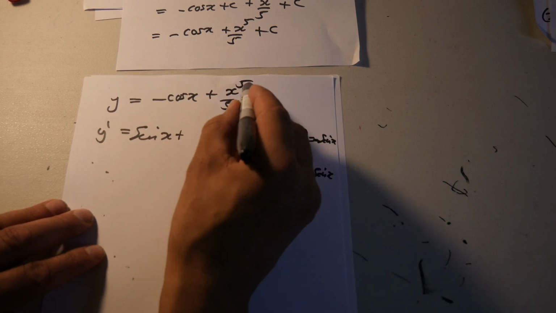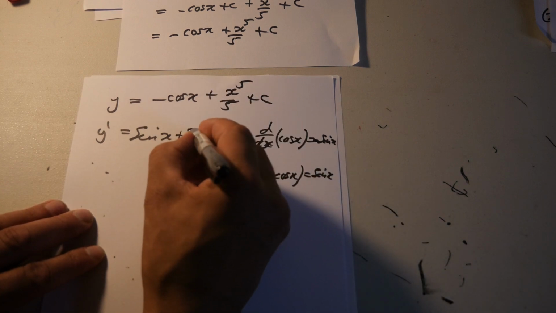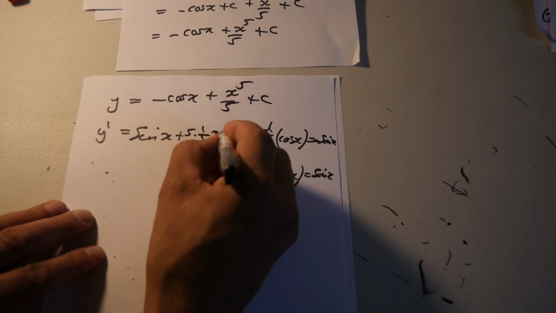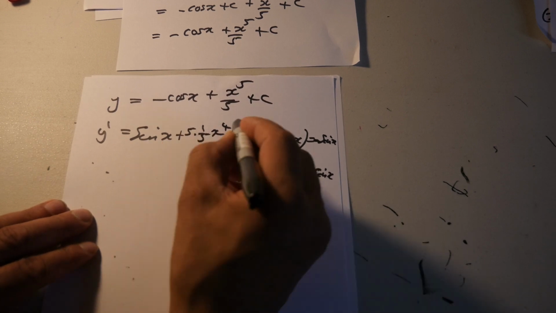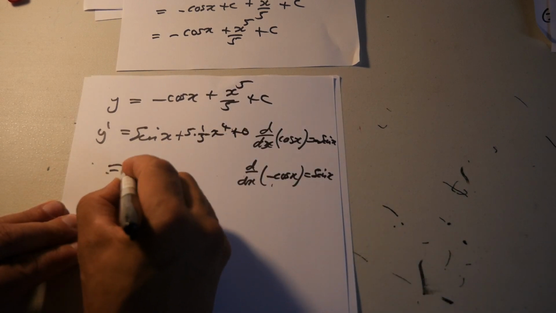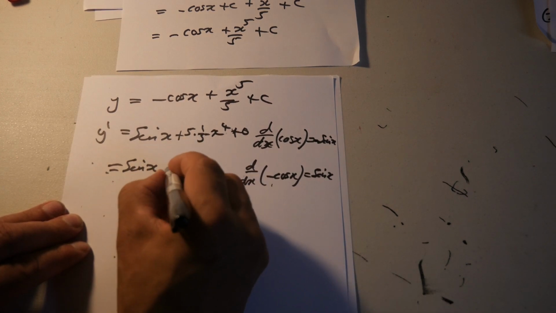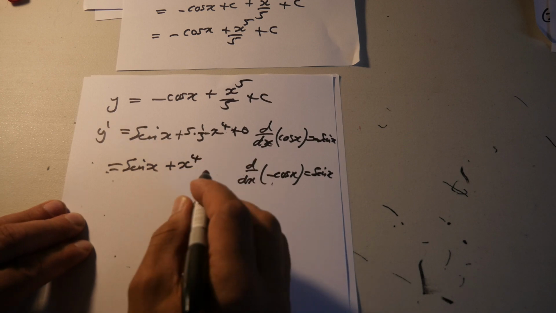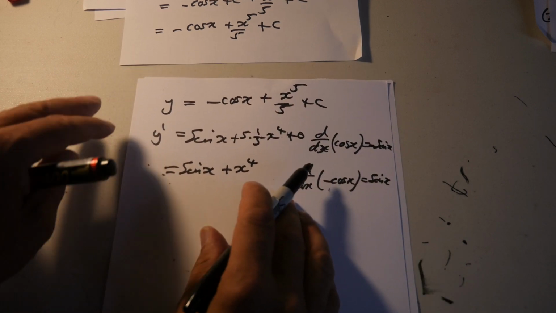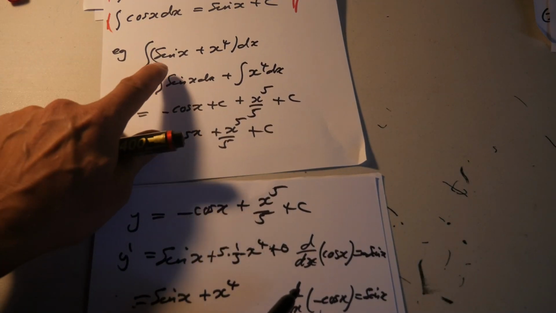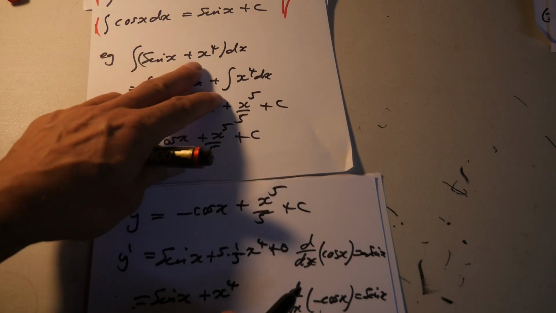Plus 5 times 1/5 x to the fourth plus 0, which equals sine x plus x to the fourth, since 5 times 1/5 is 1, okay? Which is what we started with. The original expression was sine x plus x to the fourth.